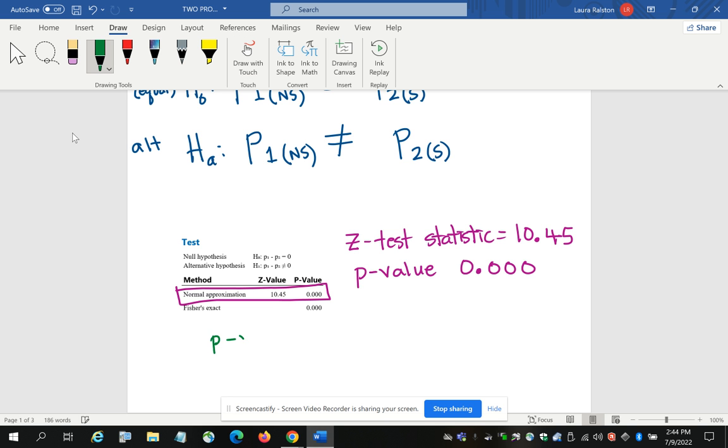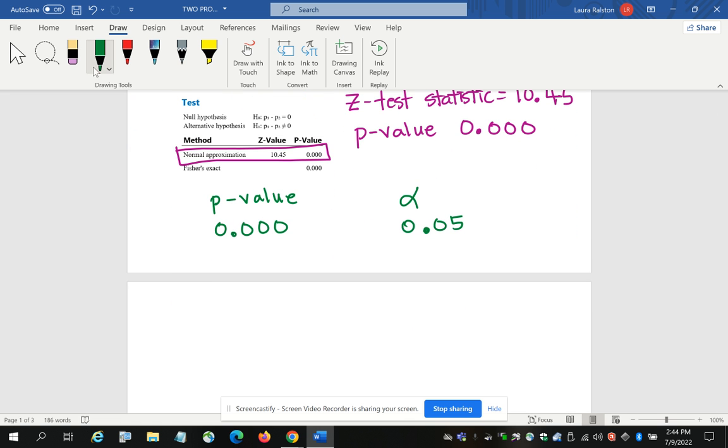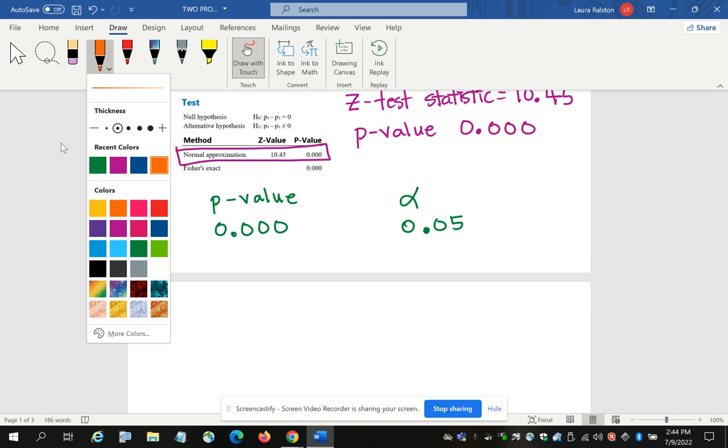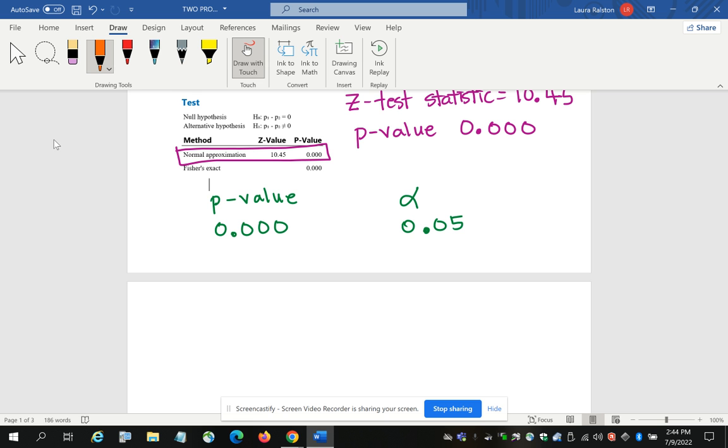We're going to compare the p-value to the level of significance. So my p-value is 0. My level of significance is 0.05. Again, if you make that comparison digit for digit, first digit is 0, so there's no difference.